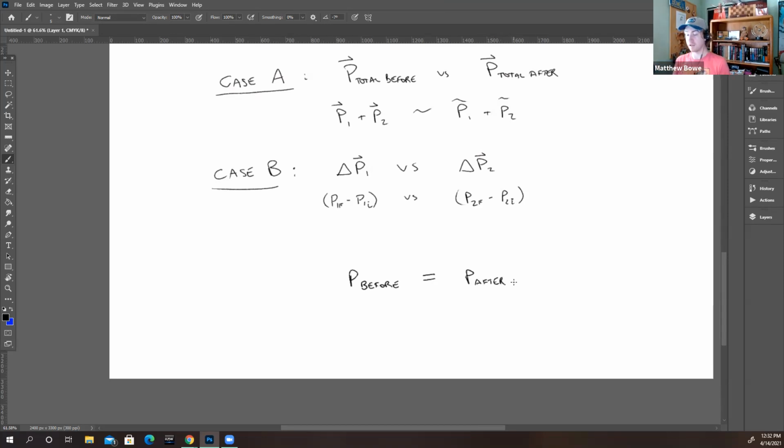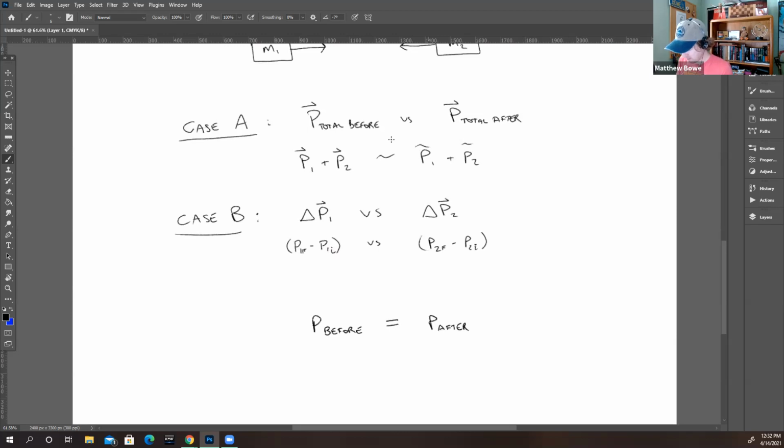So momentum conservation and energy conservation means that the momentum's not going anywhere. All of the momentum can be found in either car. So conservation means before equals after perfectly.